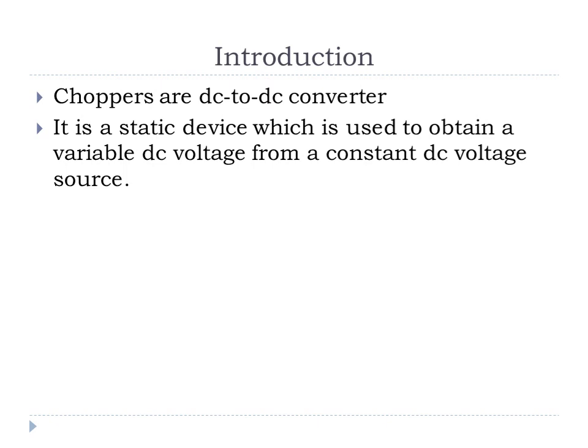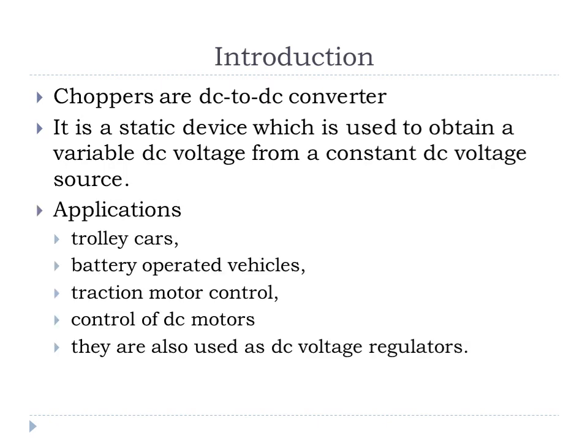So it is a variable DC output voltage. There are various applications where we require different levels of DC voltages. Such applications include trolley cars, battery operated vehicles, traction motor control, control of large numbers of DC motors. They are also used as DC voltage regulators.